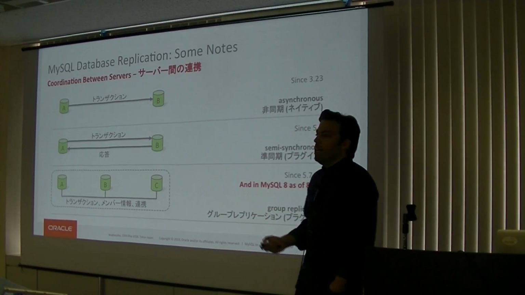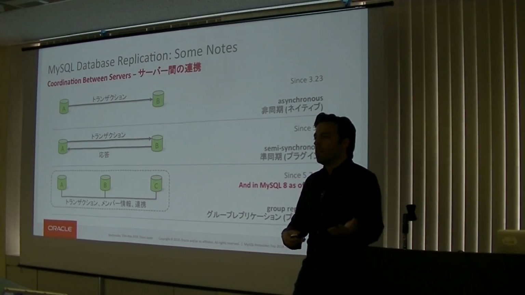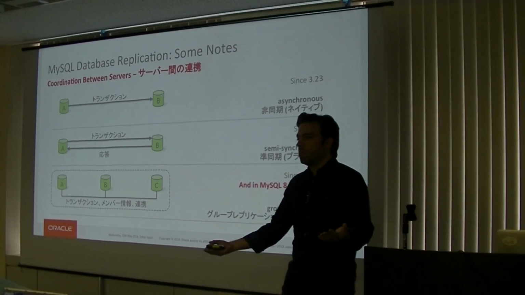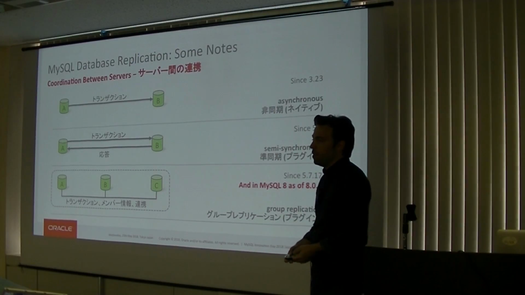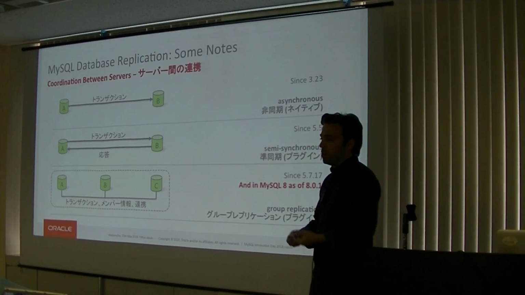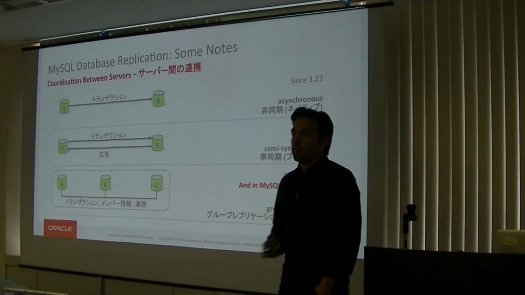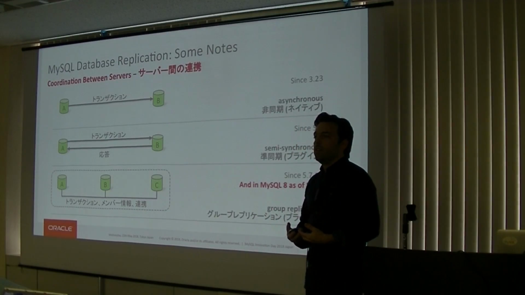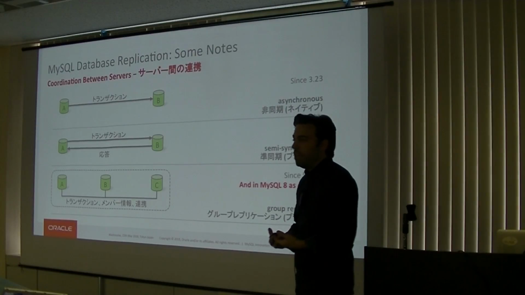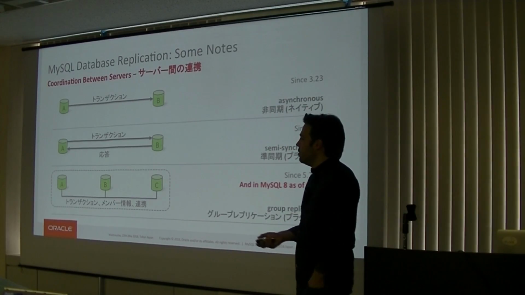And in 5.5, we introduced semi-synchronous replication, meaning a master replicates changes to the slave and waits for the slave to acknowledge back before the master acknowledges to the application that the transaction has committed. So you have an additional guarantee that the change is stored redundantly, at least in 2 servers.